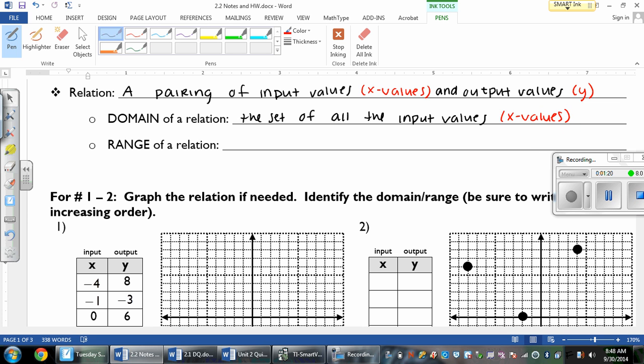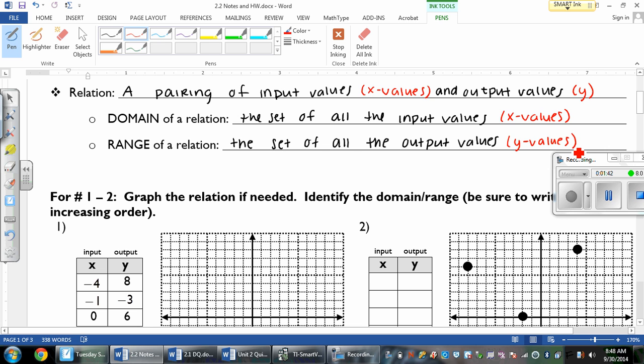The range of a relation is the opposite of the domain. It's the set of all the output values. And again, output values are the y values.